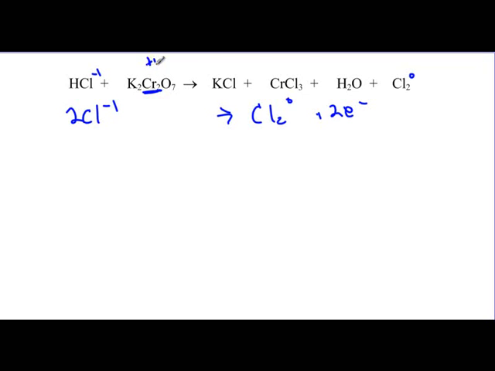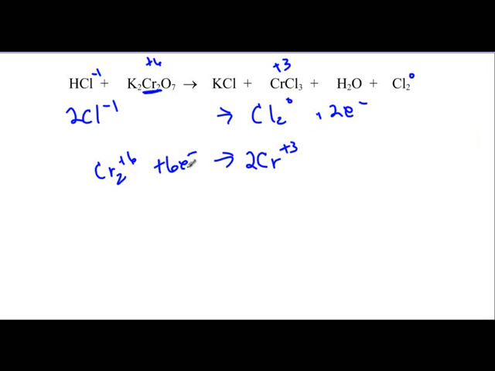Each of them must be +6, and here the chromium goes to a +3. So I have chromium 2, each is +6, to a chromium +3. Because there's a 2 here, I want to put a 2 there. And here I have 2 times +6 is 12, 2 times +3 is 6, so I need 6 electrons here.